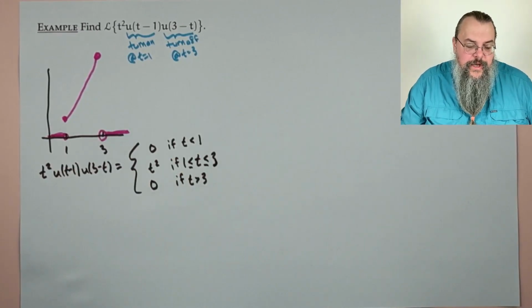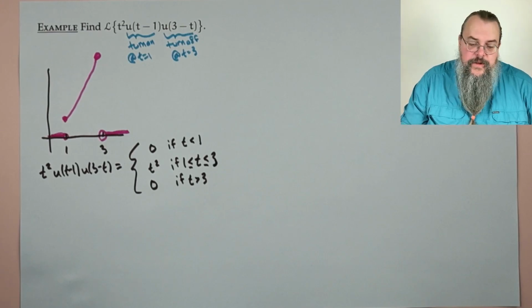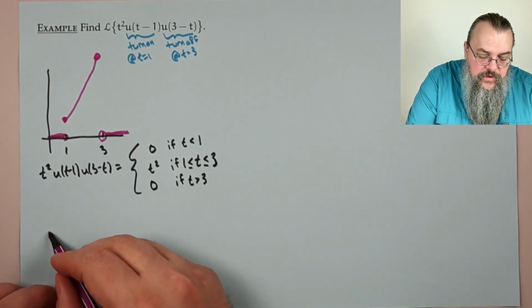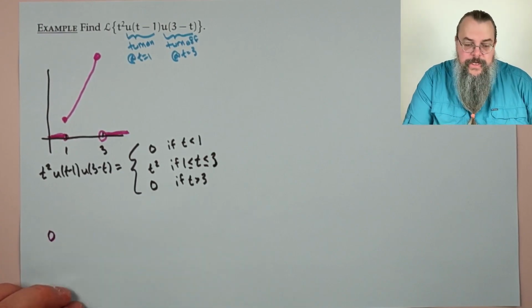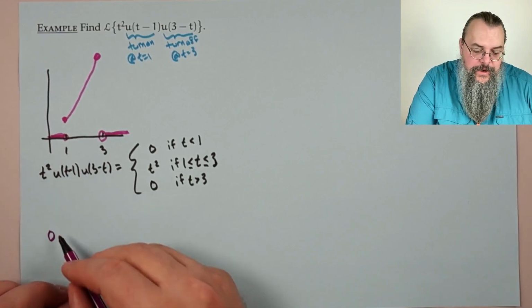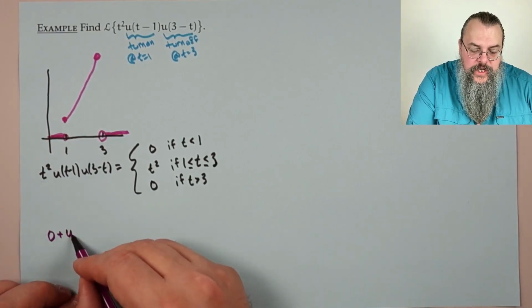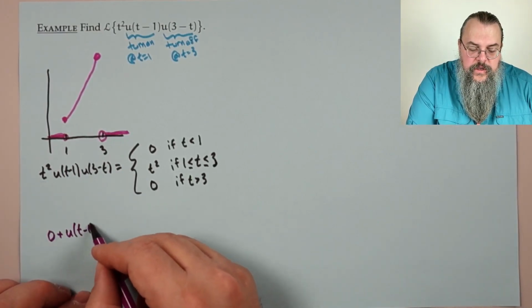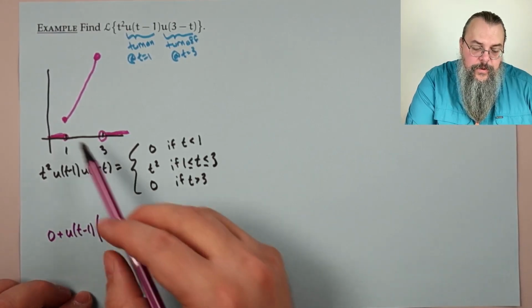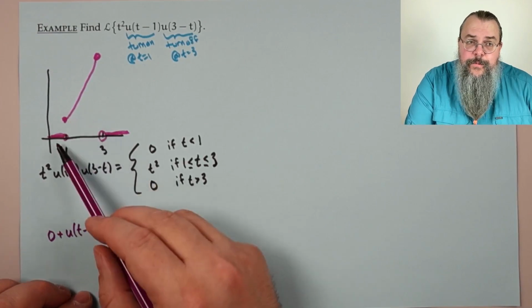So now we just start describing our behavior. What's our initial behavior? Well, it's initially 0, because that's how we start. When do we change? At 1. So we're going to have a change at 1, and we put in u(t minus 1). What's our change? We say what came after versus what came before.